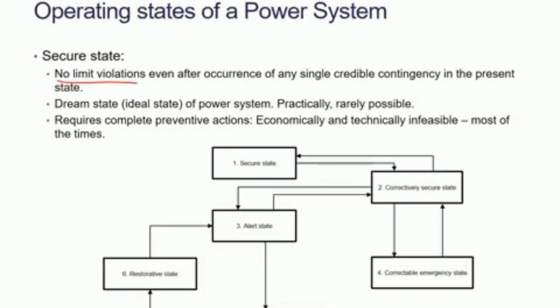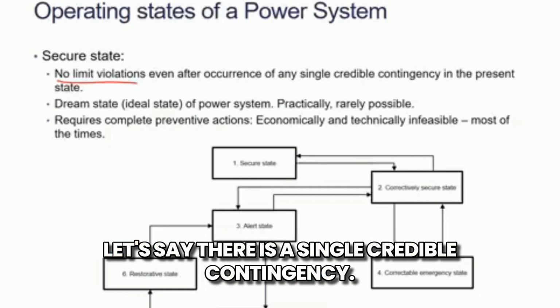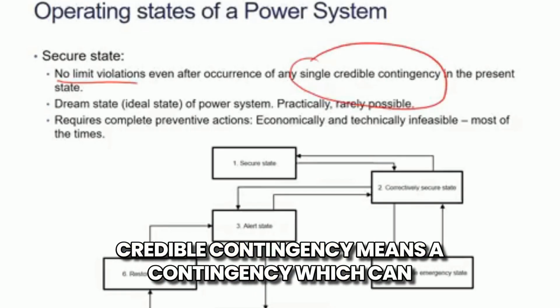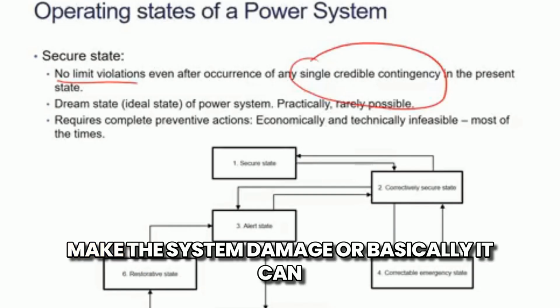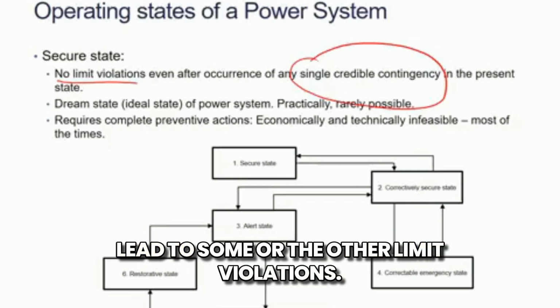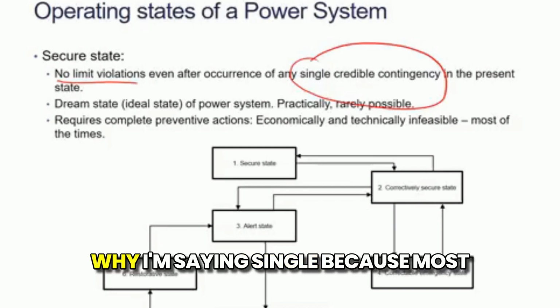Whenever we talk about no limit violation, I also mean that even if there is a single credible contingency, a contingency which can damage the system or lead to some limit violations, there is still none. Why single?